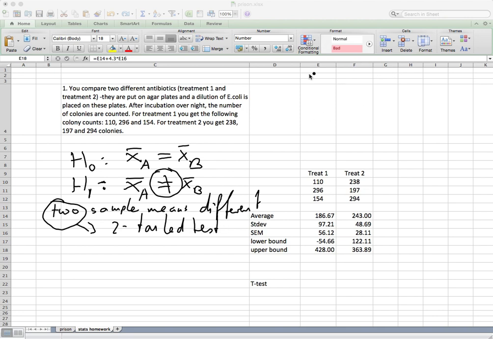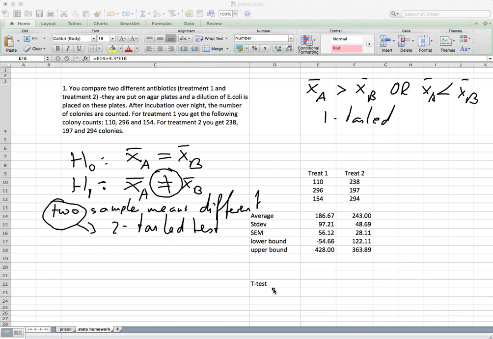If we said we believe that x bar A is, say, bigger than x bar B, or x bar A is smaller than x bar B, so that one is bigger than the other, then we would use a one-tailed test. But the most common approach is that we say they are different, and therefore we use a two-tailed test.